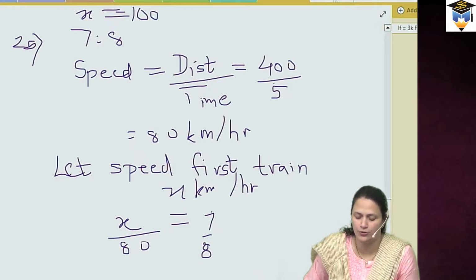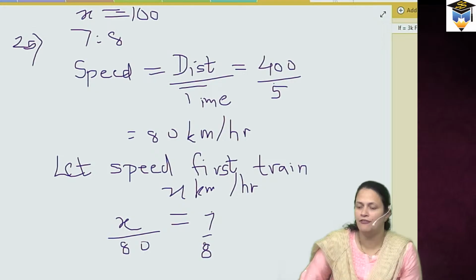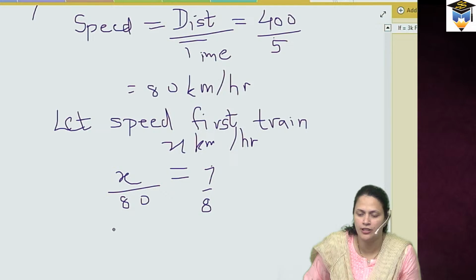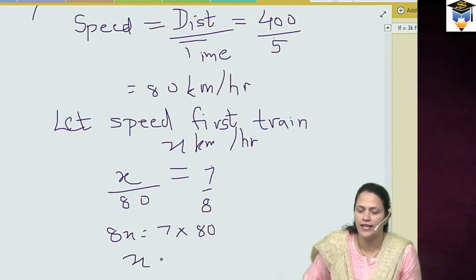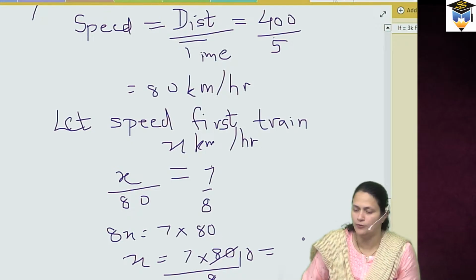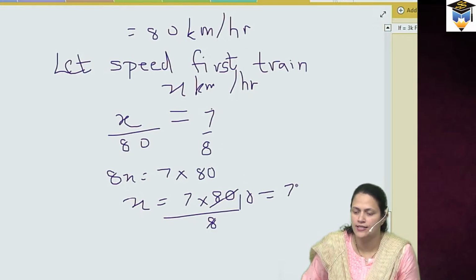Cross multiply to find out the answer. It comes out to be 70 km per hour. So the value of x is calculated as 7 into 80 upon 8. Okay. So this is 70 km per hour. I'll just write down, 70 km per hour is our final answer. Option C.